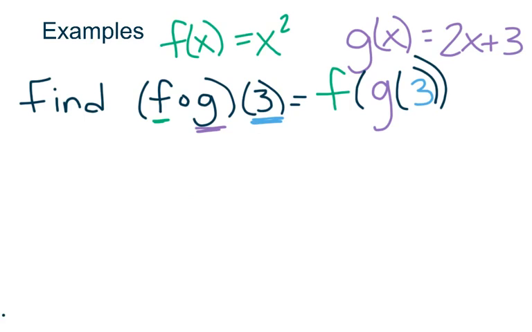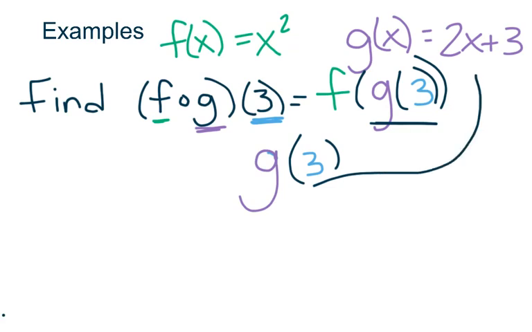Okay. So I'm going to do the middle part. Let me do the same colors. I'm going to evaluate the g of x function, this one right here, for 3. I'm going to replace that purple x with a 3. So I had an x, I'm going to replace it with 3.